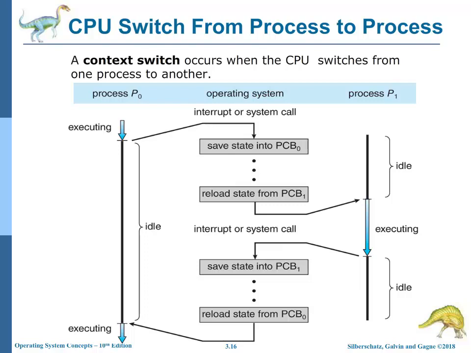So P1 starts executing, and P0 becomes idle. And after P1 has an interrupt or system call, it saves its state into the PCB of P1. Then P1 becomes idle and P0 can execute, so it reloads its state from PCB 0.